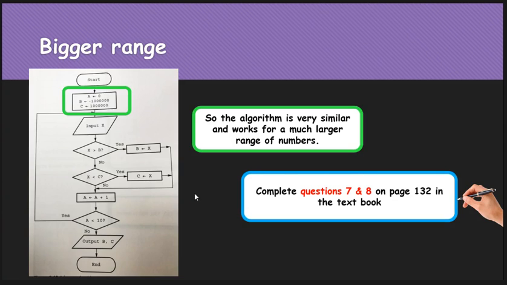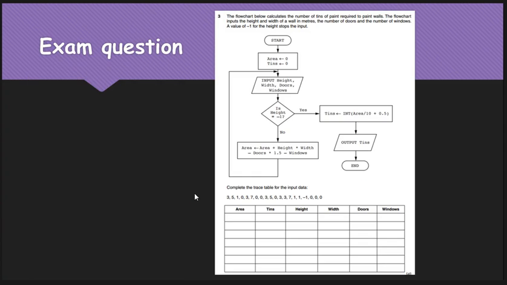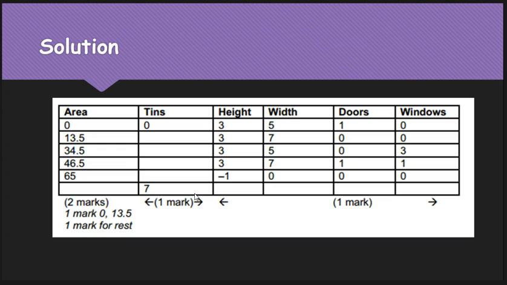Once you've done that, have a go at this exam question, and I'm going to pause it there. So pause the video, and then we'll go through the answer. I'll give you a solution for this exam question. So the solution for the exam question is there.